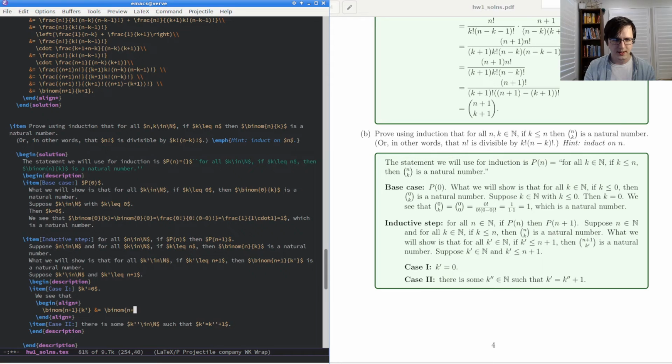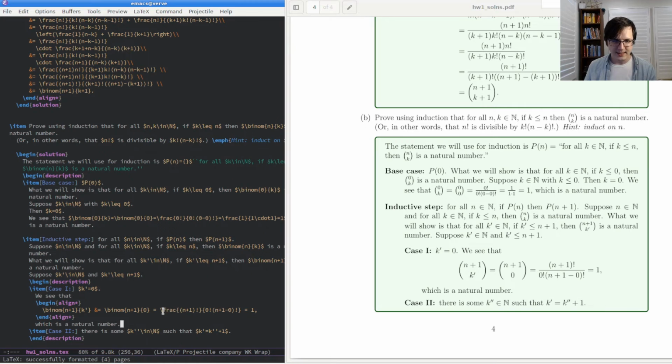That's the binomial coefficient with 0 plugged in, which is, let's see if this all works on one line instead of multiple lines like before, so no double backslash, frac (n plus 1) factorial over 0 factorial times (n plus 1 minus 0) factorial. And that's 1, which is a natural number, last I checked.